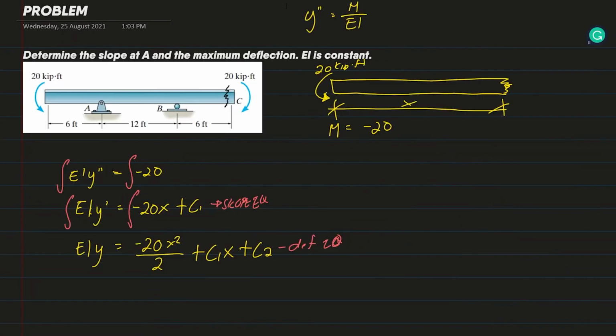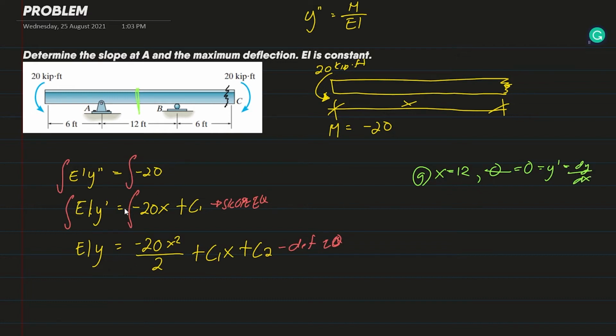So, going back here, kapag yung x na to would be at the midspan, magiging hahatiin yung 12, so 6 plus 6. So when x is 12, we know that the slope is equal to 0, di ba? This slope is also the y prime or dy over dx, okay?